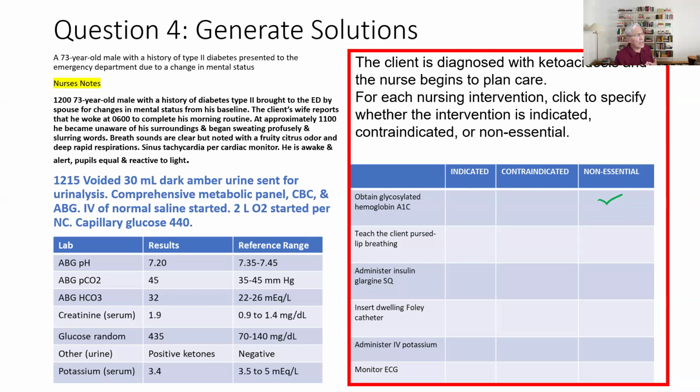How about teaching the client pursed-lip breathing? I talked about pursed-lip breathing last week. So what does pursed-lip breathing do? You remember the patient was having tachypnea? Would pursed-lip breathing be useful in this instance?